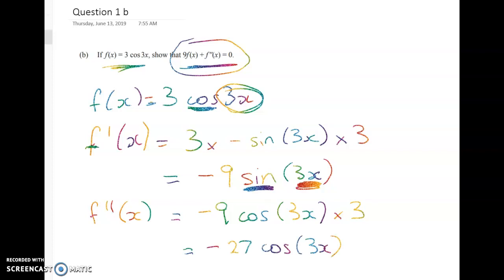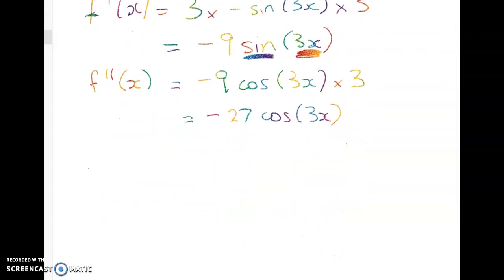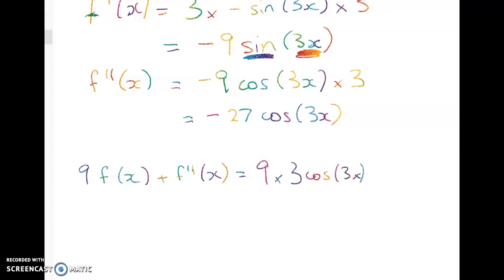But that's not what we were asked to do. It's a show that question. So we have to show that 9 times the function plus the second derivative is equal to 0. So now we're going to substitute in 9 times f of x plus f dash dash of x, which is equal to 9 times 3 cos of 3x minus 27 cos of 3x.